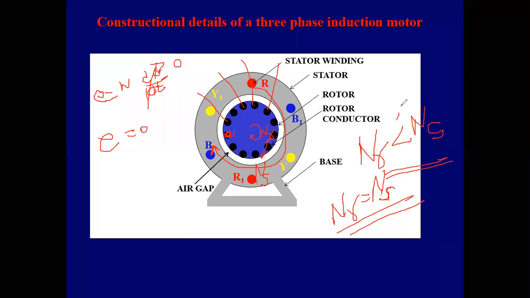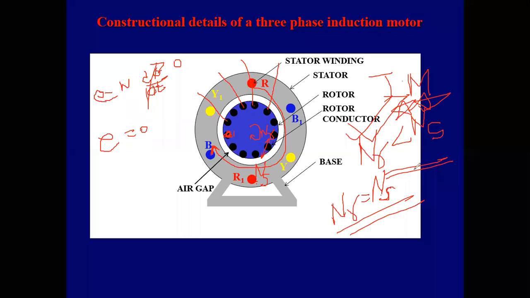But in the case of an induction motor, NR will always be less than NS only. The induction motor cannot rotate at synchronous speed; either it will rotate at less than synchronous speed, or it will not rotate at all.